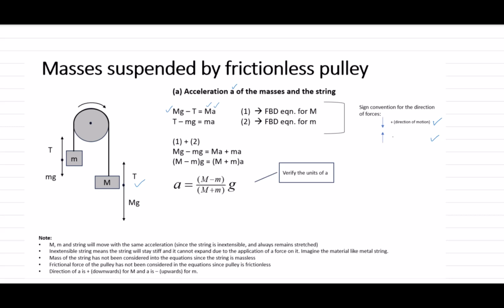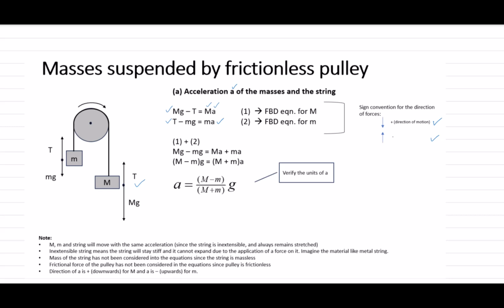Similarly, for the smaller object, since it is moving up, the tension acting vertically upward will be higher than the weight of the object. So T minus mg will be equal to the mass times the acceleration of the object. And in the previous slide, we have seen that the acceleration of both the objects has to be a.